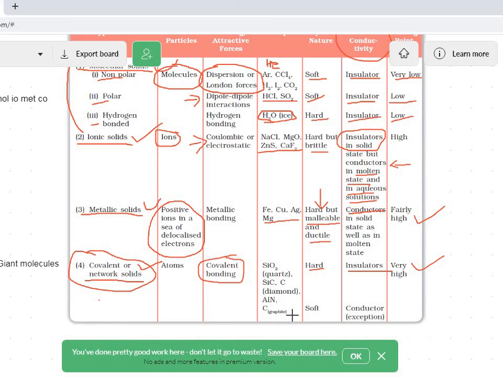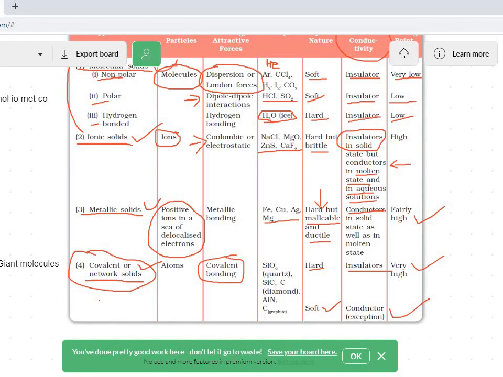When compared to diamond, graphite is soft and exceptionally a conductor of electricity because of the presence of the free electron, the fourth valence electron of each atom in the different layers. And you also know diamond is used as a gemstone and for sharpening tools. Graphite is a soft solid and used as a lubricant.